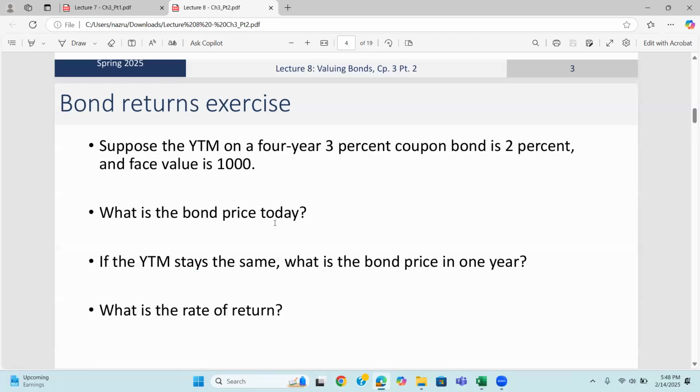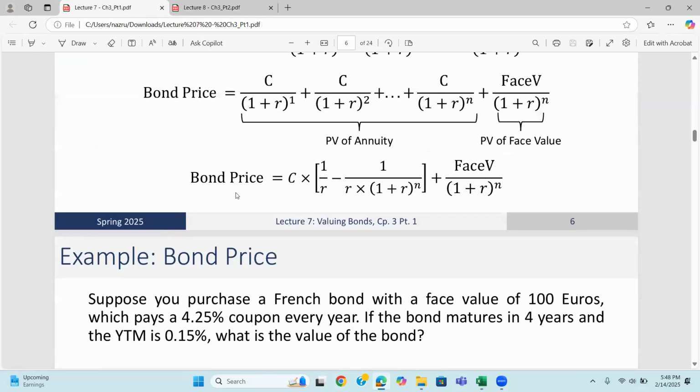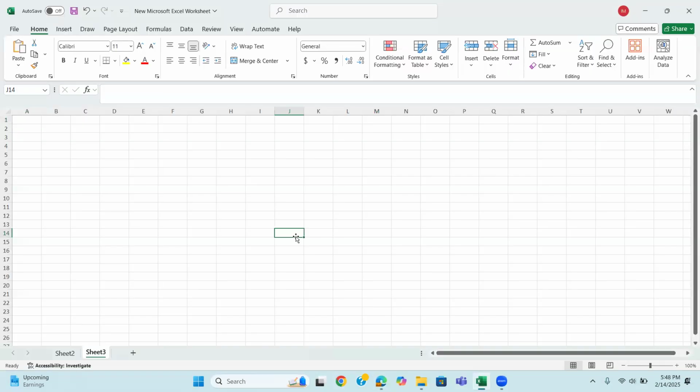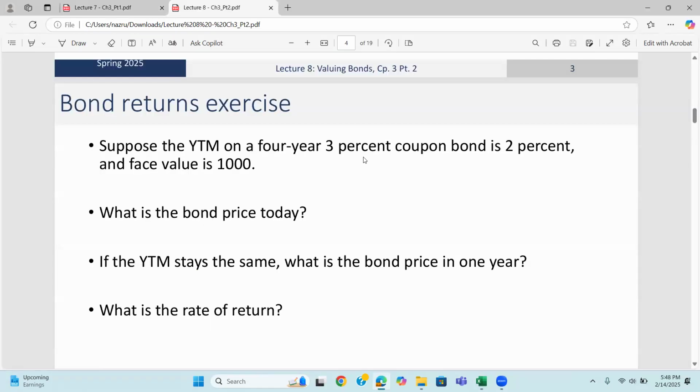So to calculate this bond price today, you need to go to lecture 7 where you have the formula. This one is C for the coupon payment. In our question, you can see there is a 3% coupon payment on 1000, right? So let's write our C, which is 1000 times 3%, 30 is our coupon payment. And what else do we need?